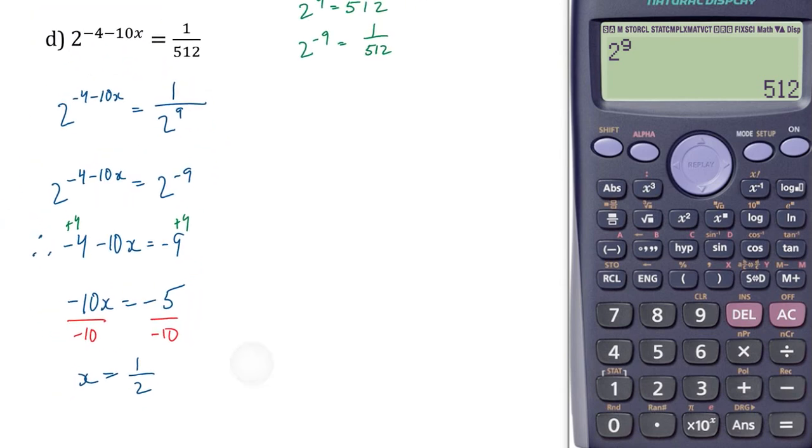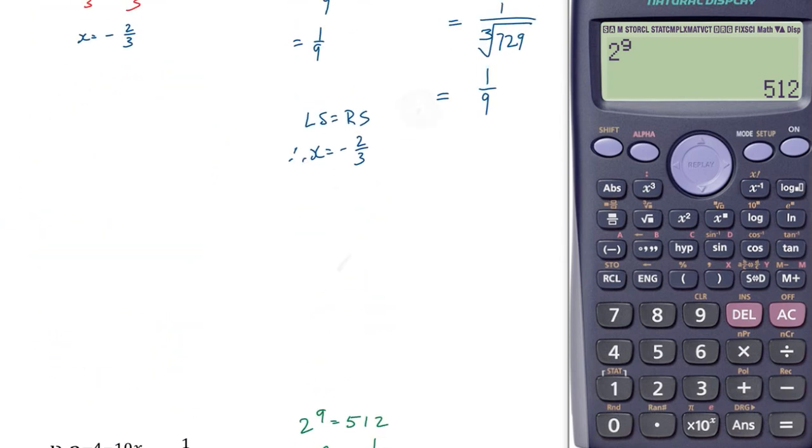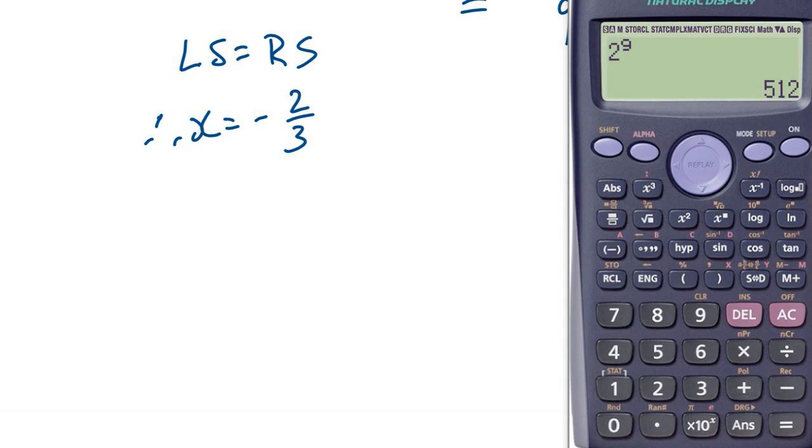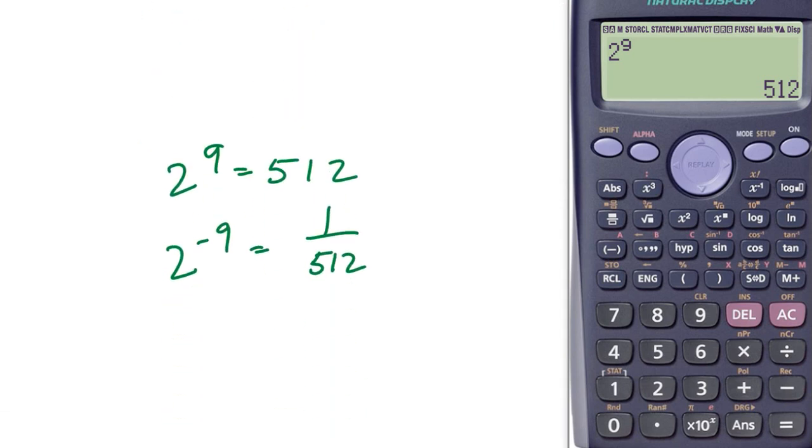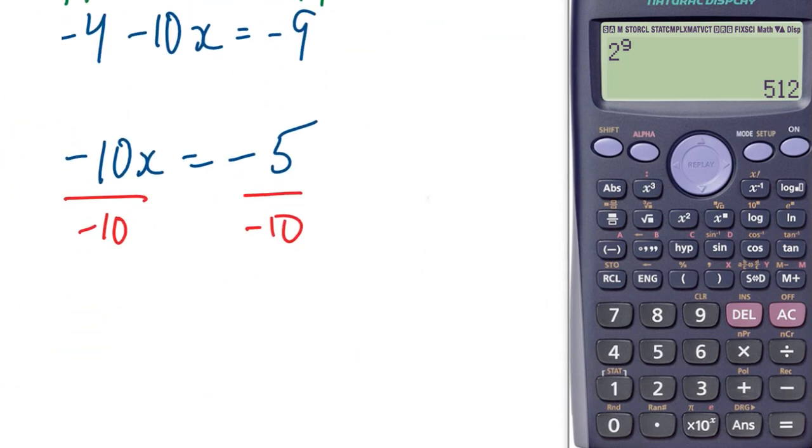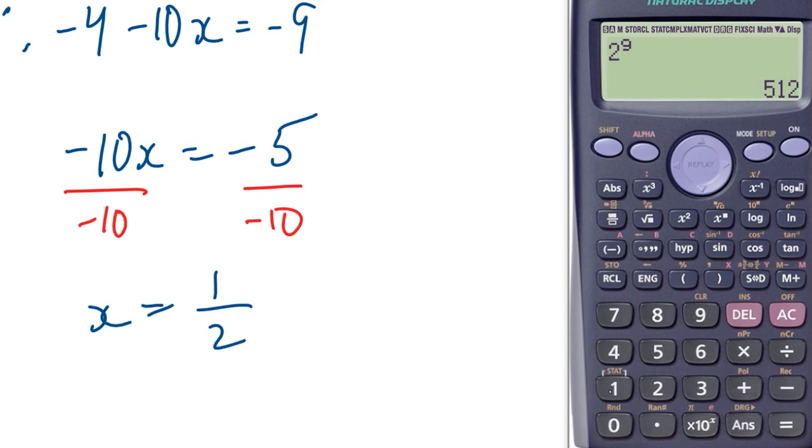If this was 2/3, I don't want that to be 0.6666. I don't want to turn that into a decimal, so I'm going to leave it as 2/3. But for this one, if I did 5 divided by 10 and got a decimal of 0.5, that's fine because it's not rounded at all. So that one would be fine.